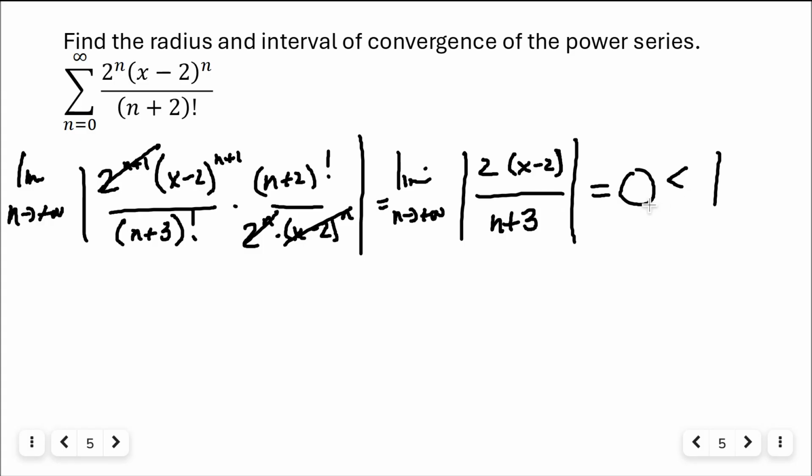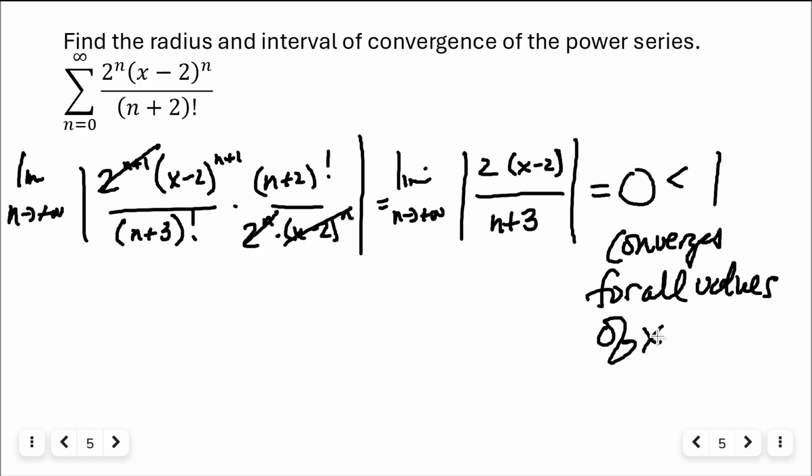So what does that mean for me? Well, if 0 is always less than 1, that means this thing will converge for all values of x. There's no x to solve for in that absolute value inequality. So it converges for all values of x. So how do we write that?